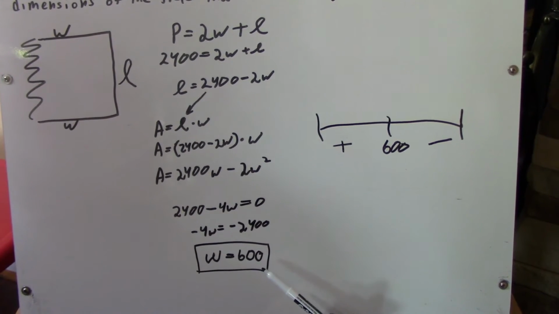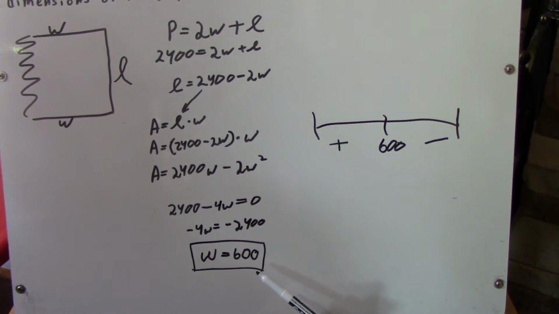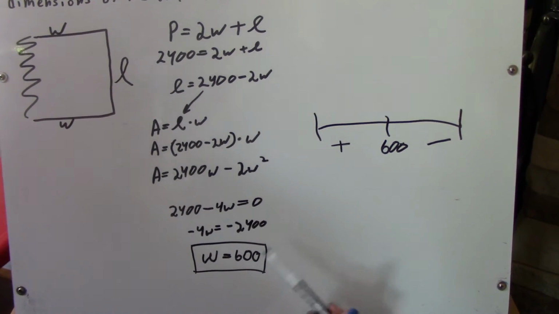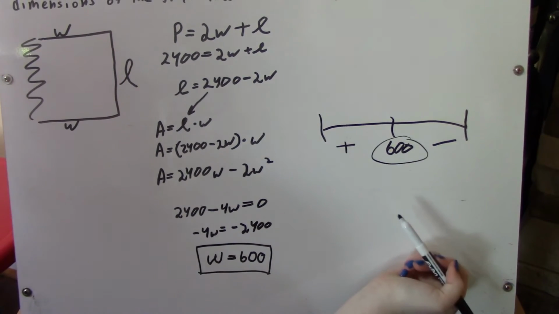And since 600 is the only point in the domain, the absolute maximum must happen at this point.